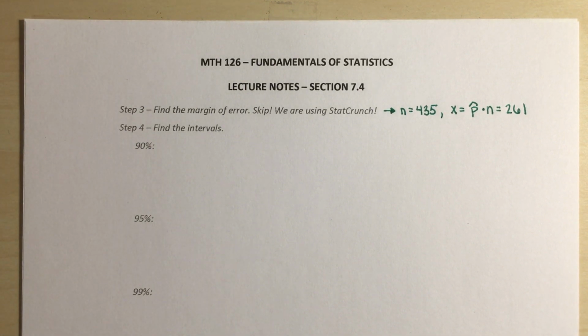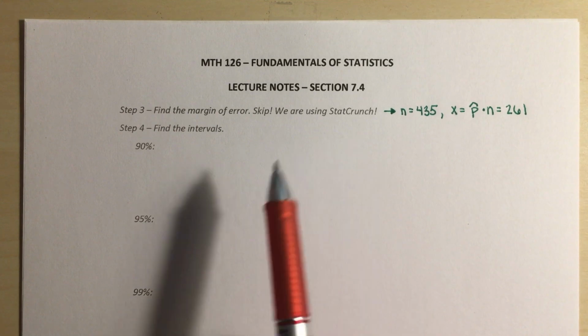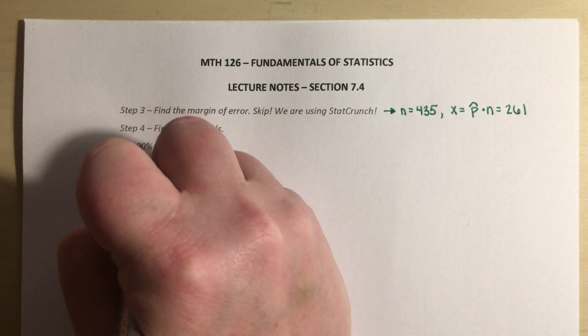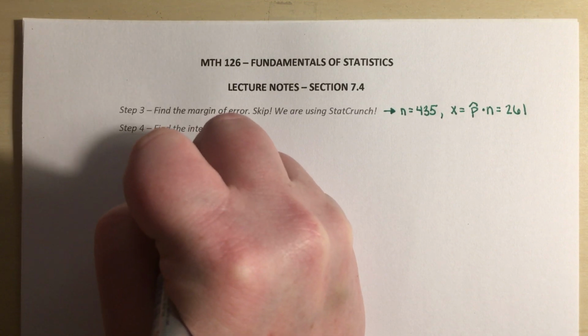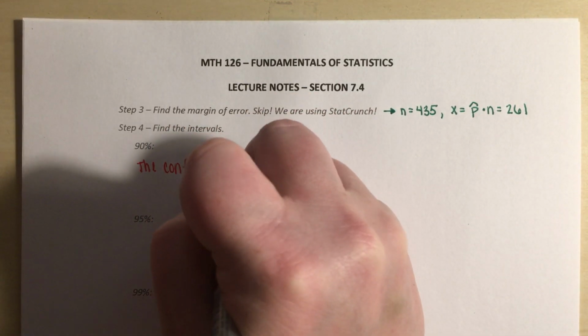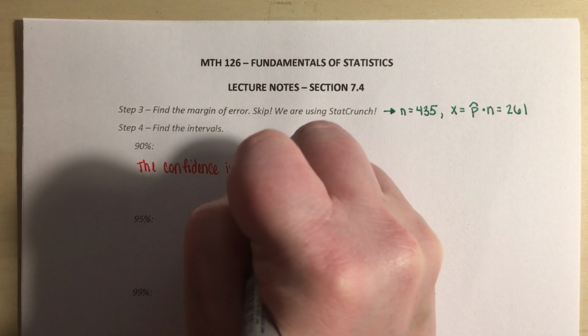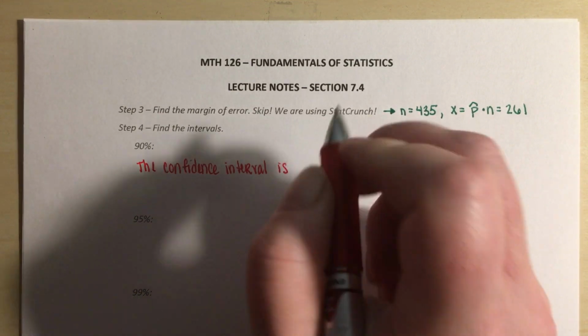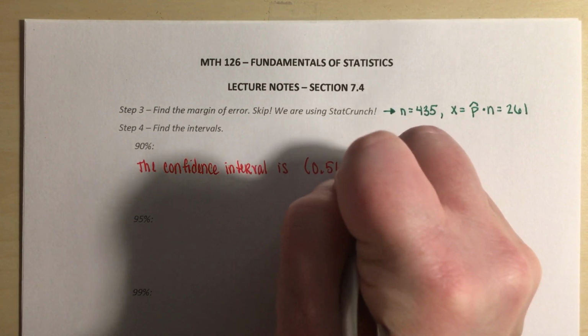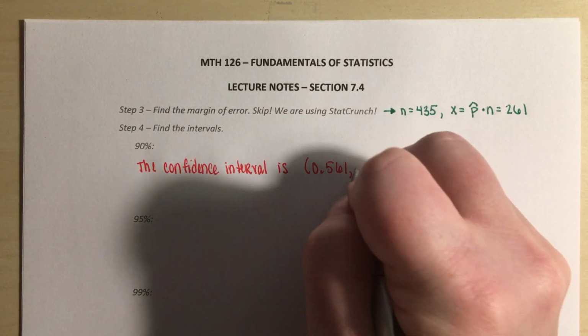Okay. Then if we start plugging these different values into StatCrunch, our n and our x aren't going to change. The only thing that's going to change are our confidence levels. So for 90%, the confidence interval is 0.561 to 0.639.